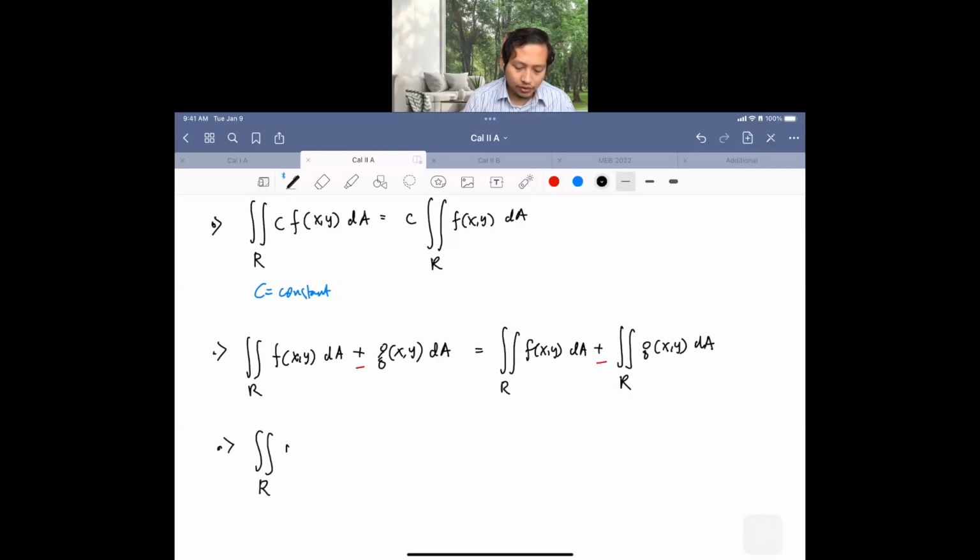And if you want to make some separations of the rectangle, you can also do that. So we can make R1 and R2.